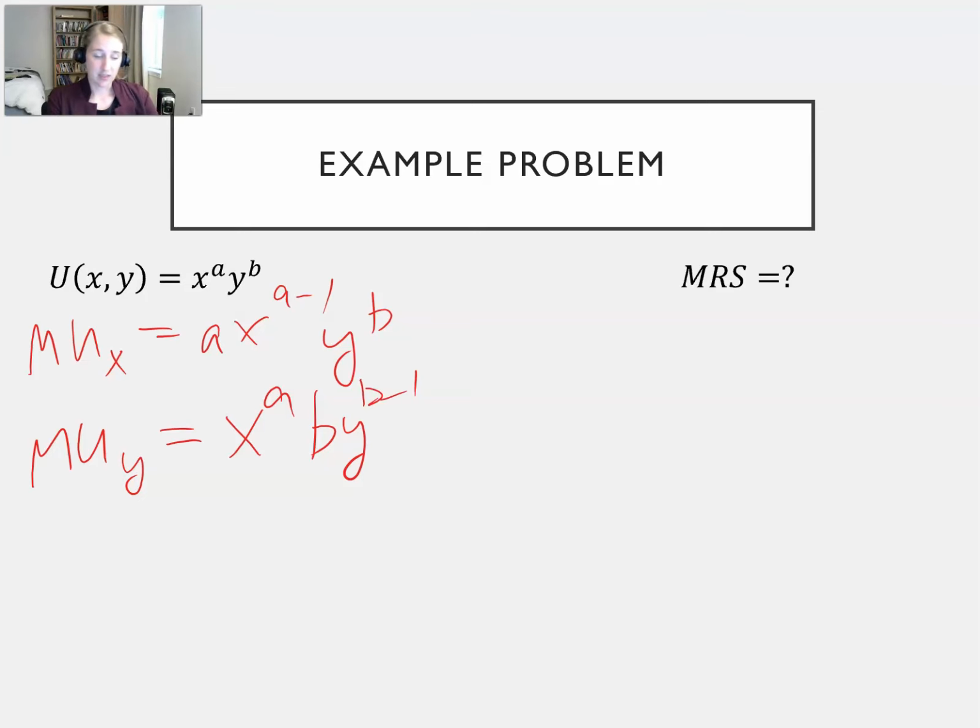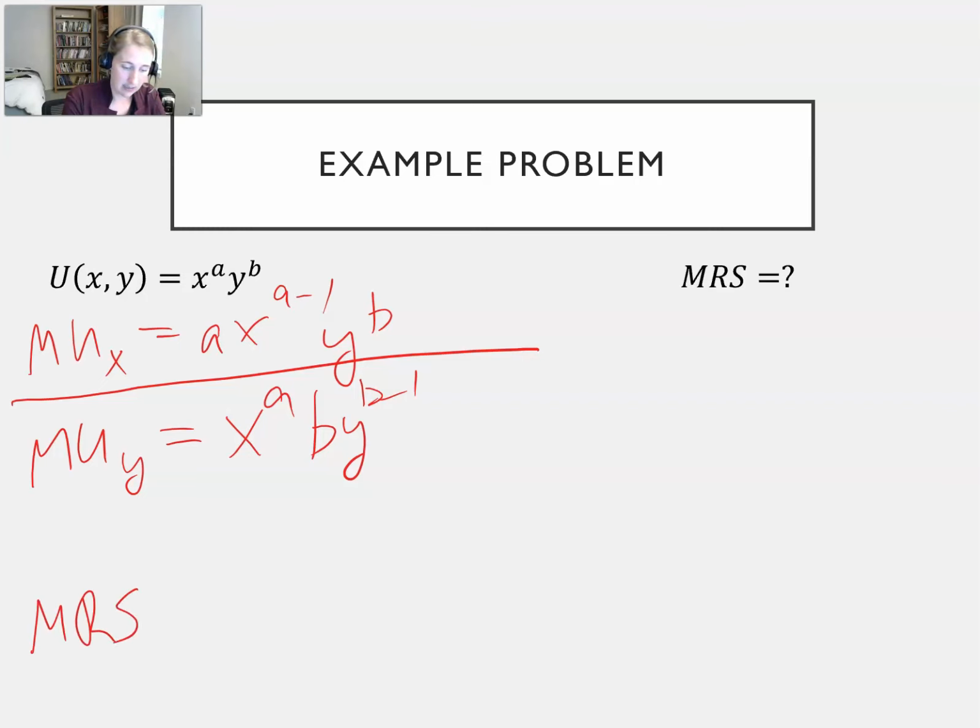My marginal rate of substitution is just the ratio of those two things. So I'm going to divide the one by the other, and I get my MRS equals, so let's say I have an a on top, and I have a b on bottom. Now, what am I going to do with those x's? Let's see, I have an x to the a in the denominator, and I have an x to the a minus 1 in the numerator. So I can cross out this x to the a, and I can cross this a out of the exponent.